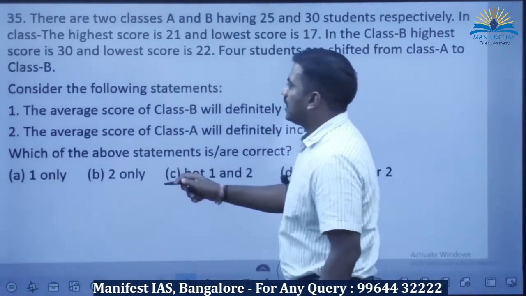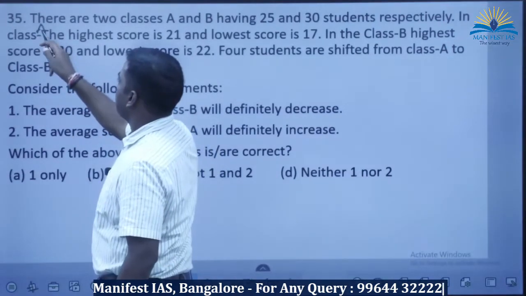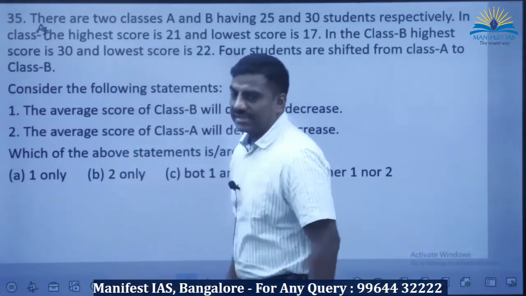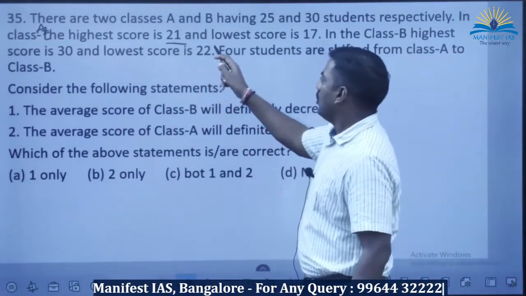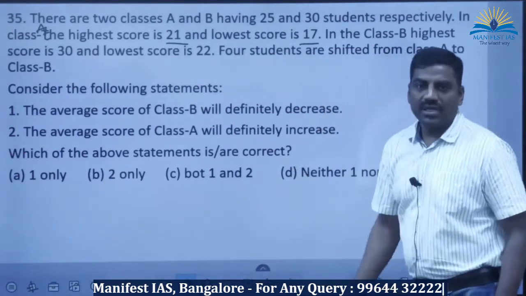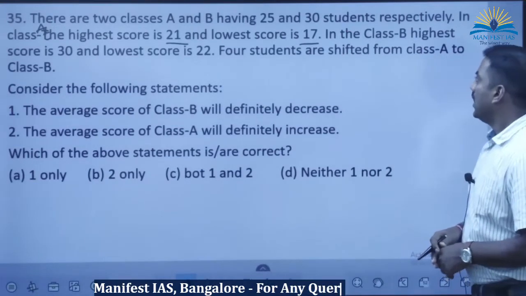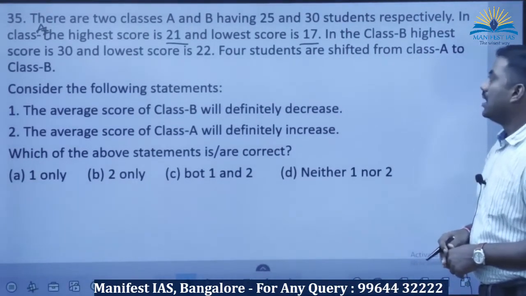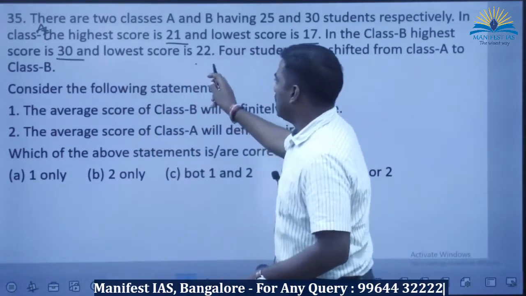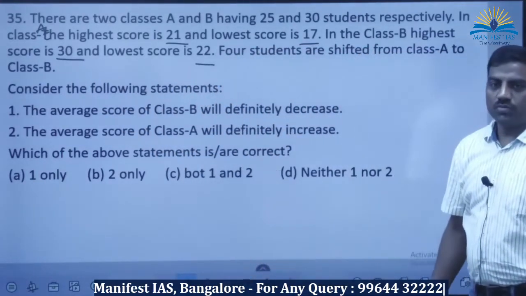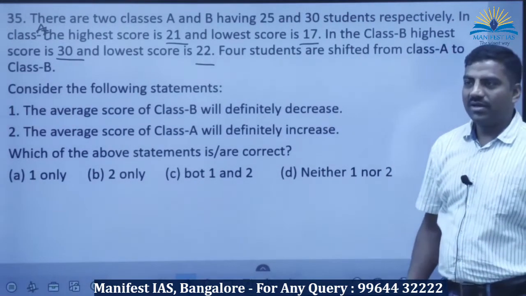In class A, the highest score is 21 and the lowest score is 17. In the class B, highest score is 30 and lowest score is 22. Which class is performing better?